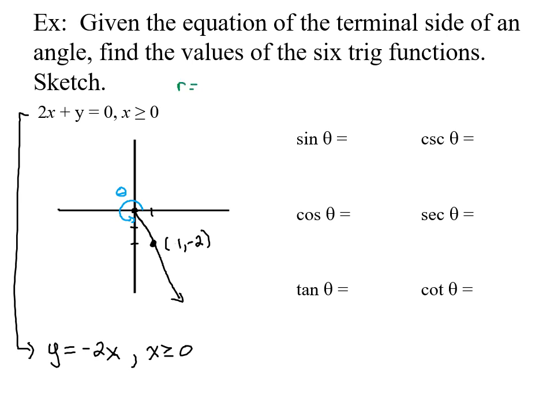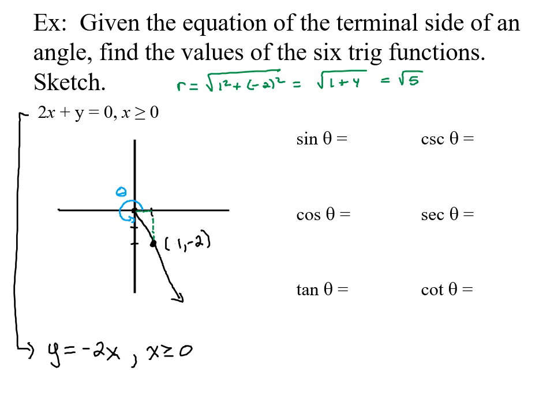My r value would be the square root of 1 squared plus negative 2 squared. So I'm going to get square root of 5. Again, remember, r is always positive. If you would like to draw the actual triangle we've been talking about here, kind of looks like that.